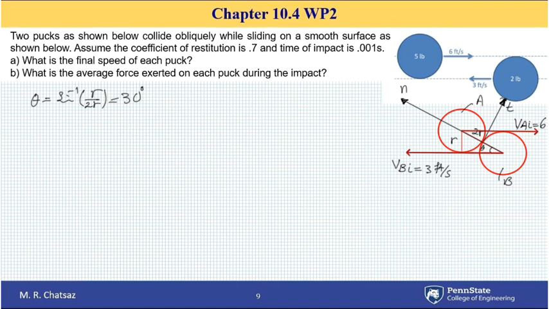So if I continue with the law of conservation of momentum, net momentum mv final in the normal direction has to be equal to net momentum initially in the normal direction, and I'm assuming this is the positive direction for this equation.